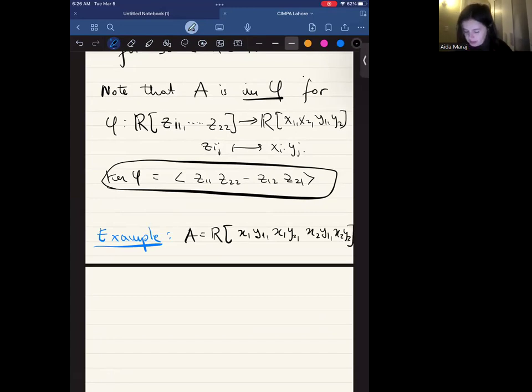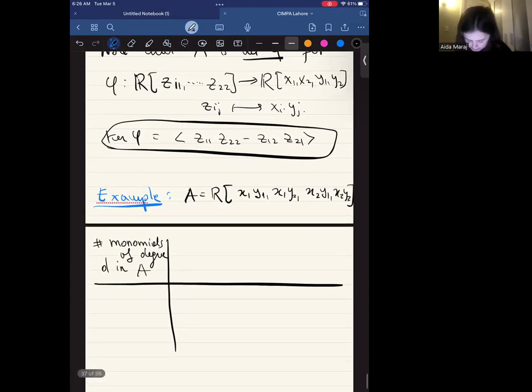And now we need to know how many monomials of degree d there are in A. So when d is equal to 0, by convention we are in R, so we have 1.